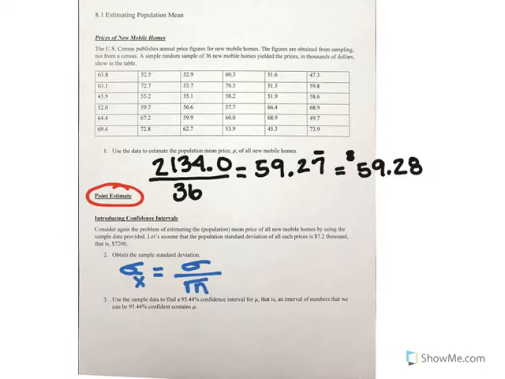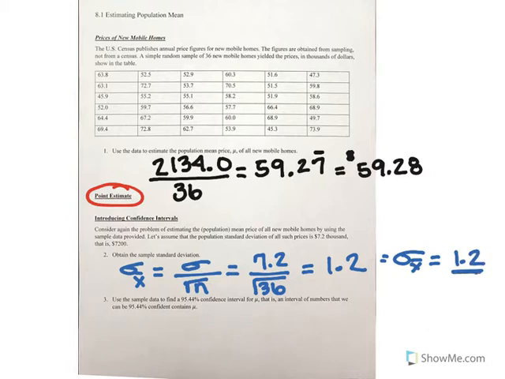We know that the population standard deviation is 7.2, and we know that our sample is 36 mobile homes. So you would divide 7.2 by 6, because the square root of 36 is 6, and you would get 1.2. So our sample standard deviation is 1.2 thousand.